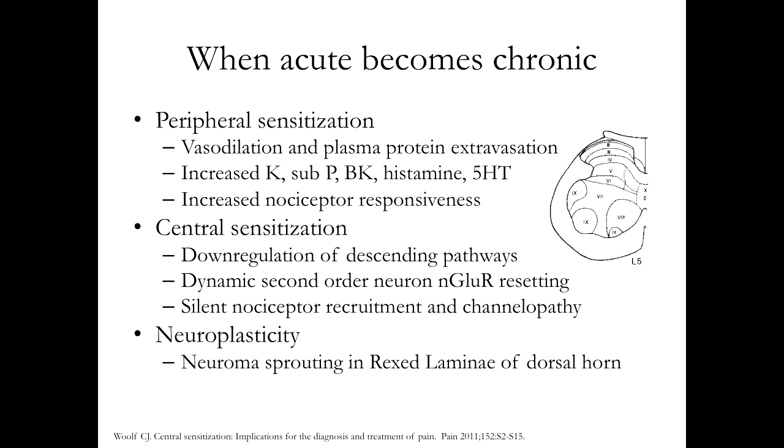You can see changes in second order neurons, and along with that, you can see changes in expression of some of those excitatory neurotransmitter receptors. And then remember I told you about those pesky little silent nociceptors that hang out. They can actually be recruited and start firing when there's nothing that needs to occur. And then I told you about neuroplasticity.